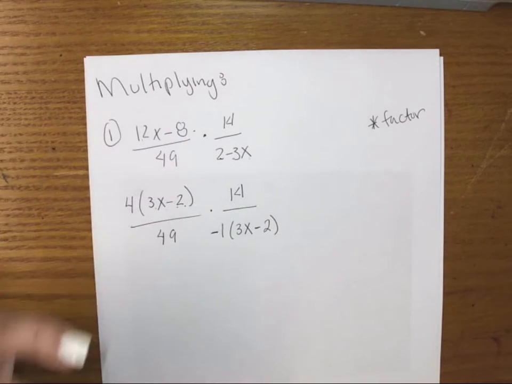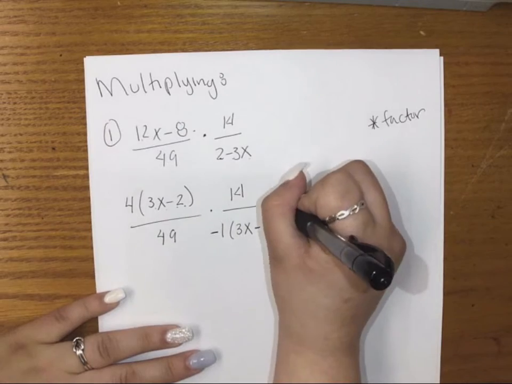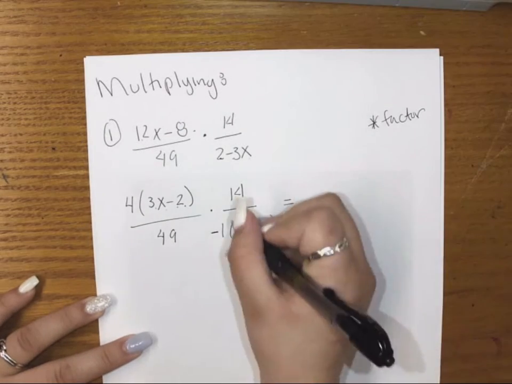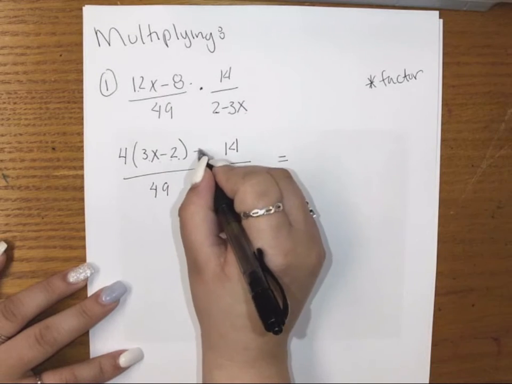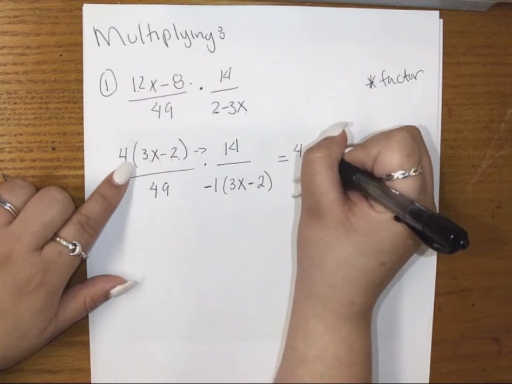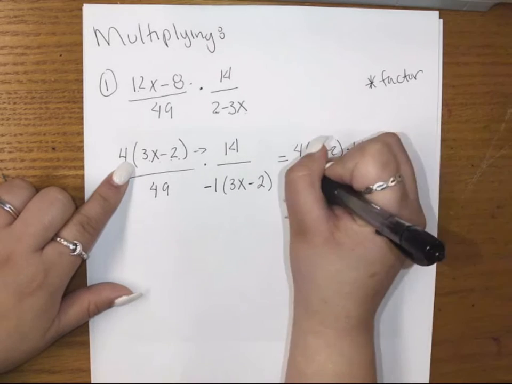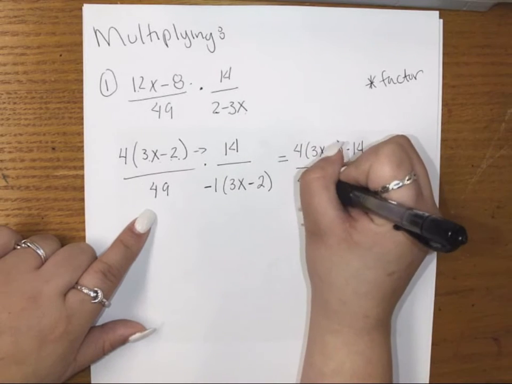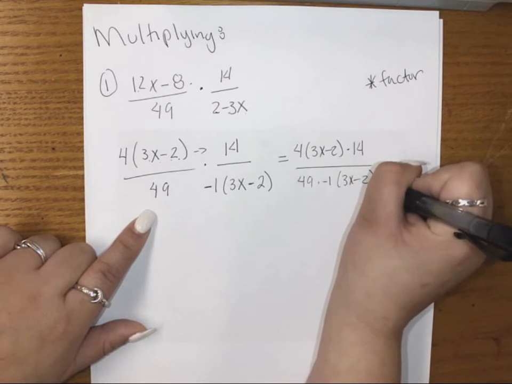Now that it's completely factored, you can go ahead and multiply them. We have a fraction times another fraction. Remember, the way we multiply fractions is we multiply straight across. So we have 4 times 3x minus 2 times 14 all over 49 times negative 1 times 3x minus 2.